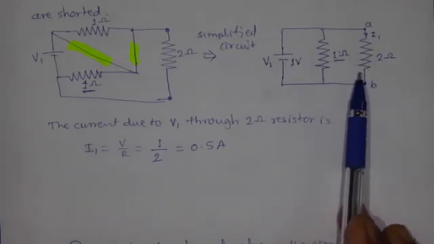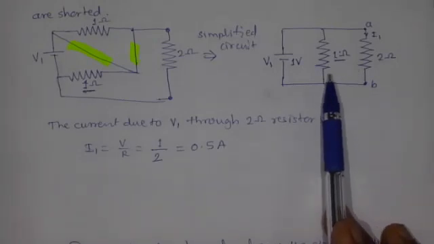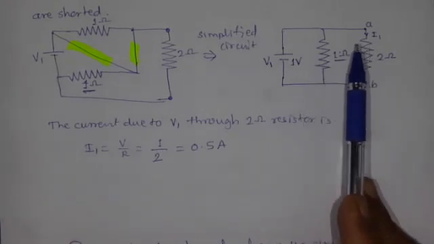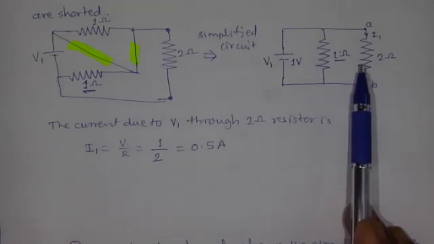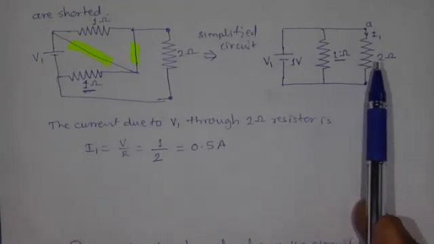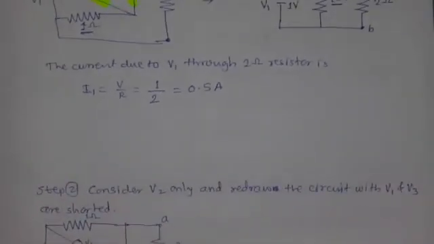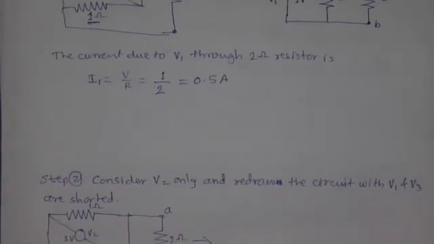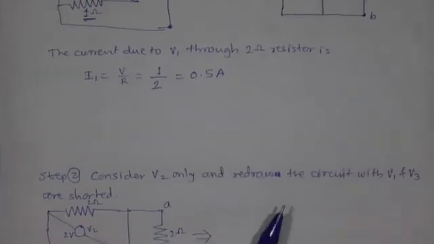Then we find the total current flowing through the circuit, and then the current flowing through this branch using the parallel branch theorem. But this is somewhat complicated, and the number of steps increases to get the output. Here we simplify in a simple way, but if anyone wants to use the parallel branch theorem, that is also possible. We get the same result.